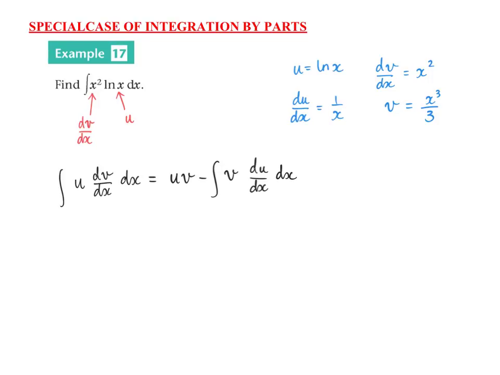Right, let's substitute in everything that we've got then. Our u is ln x and our v is x cubed over 3. So I'm going to put it in that order. It's a bit easier to write. Minus the integral of x cubed over 3, and du by dx is 1 over x.